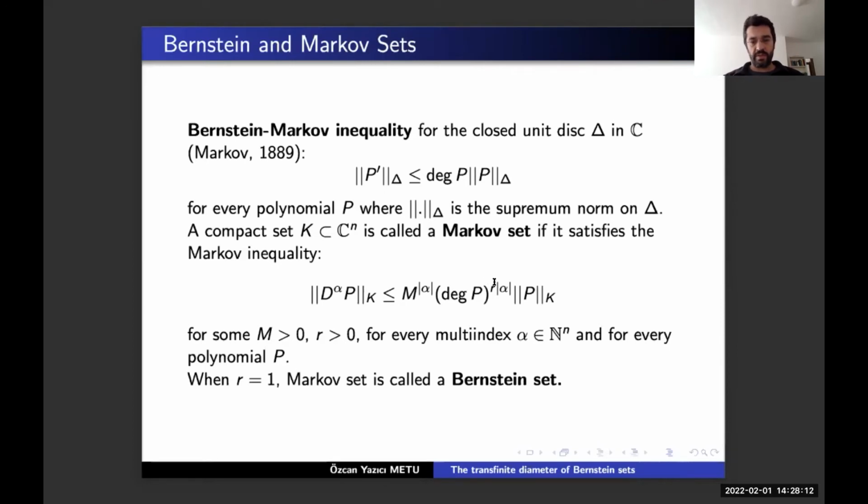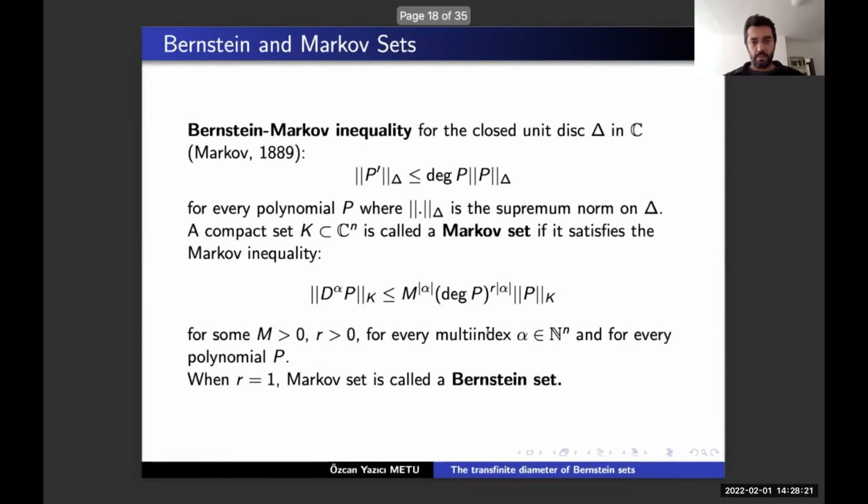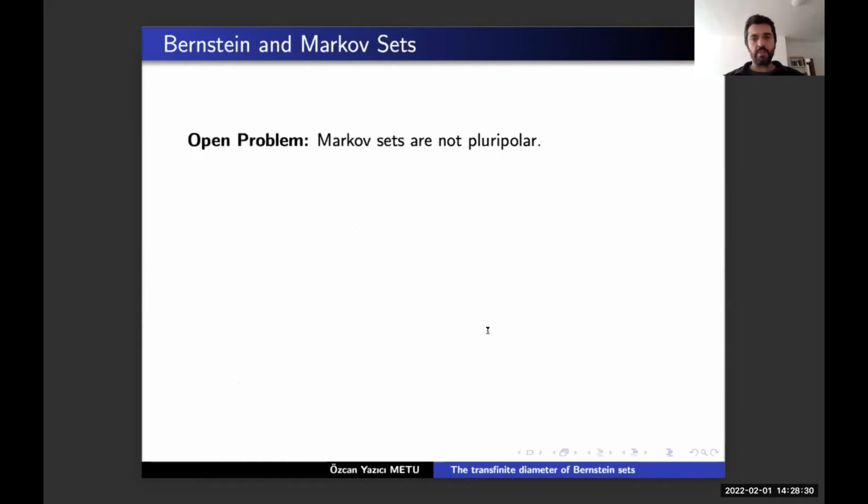So basically, when r is equal to 1, we say that our compact set is Bernstein. Any Bernstein set is a Markov set, right? The family of Markov sets is larger.